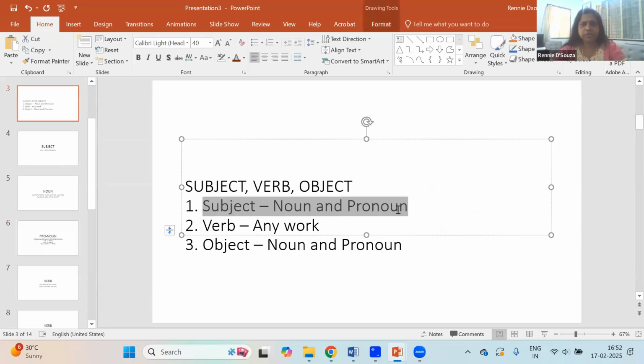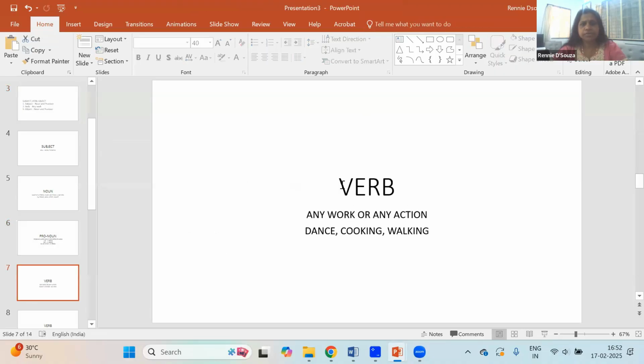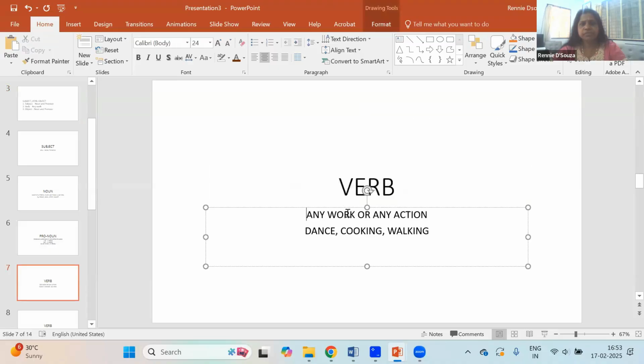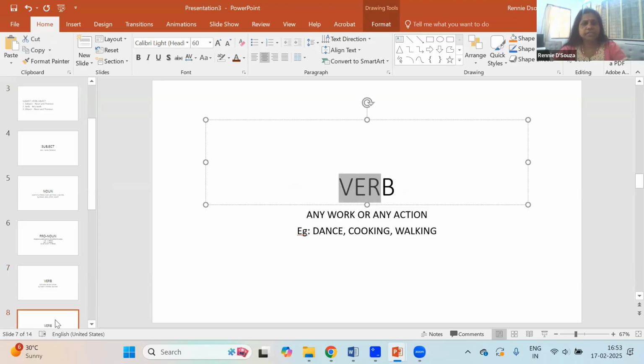Again, in subject we have seen noun and pronoun. Now verb is any work or any action. And as examples we have seen dance is a work or action, cooking is a work or action, walking is a work or action.